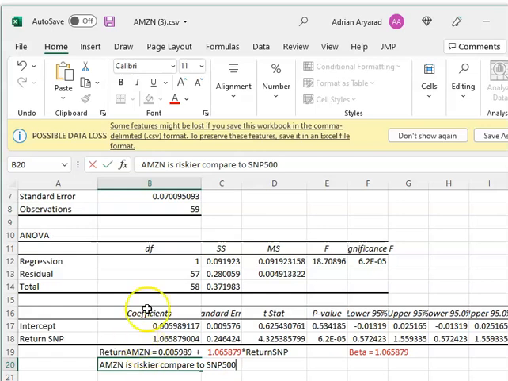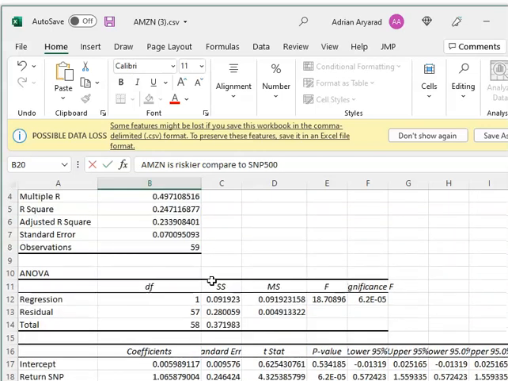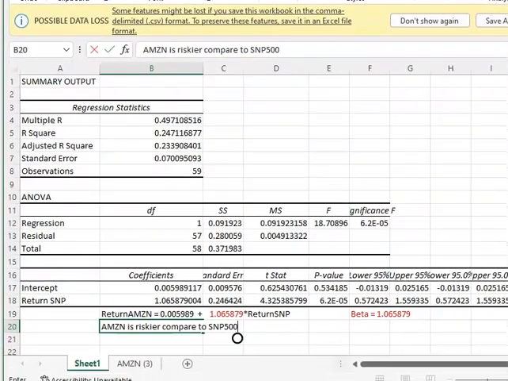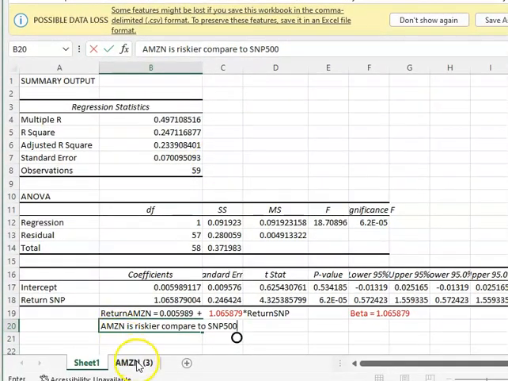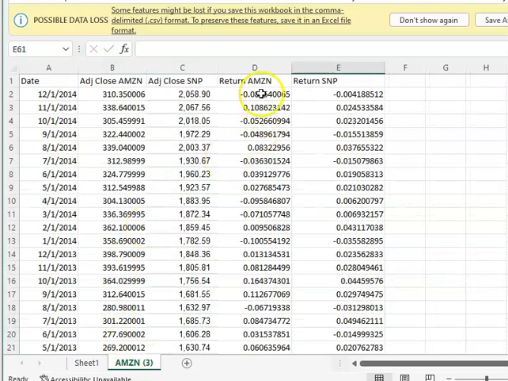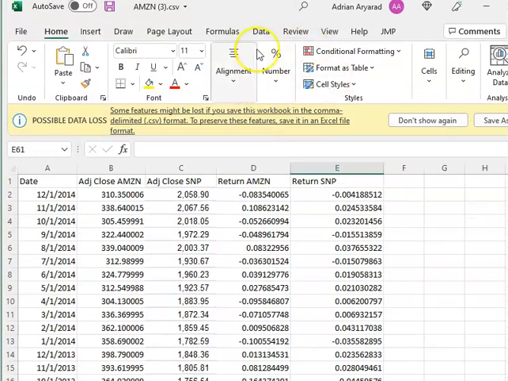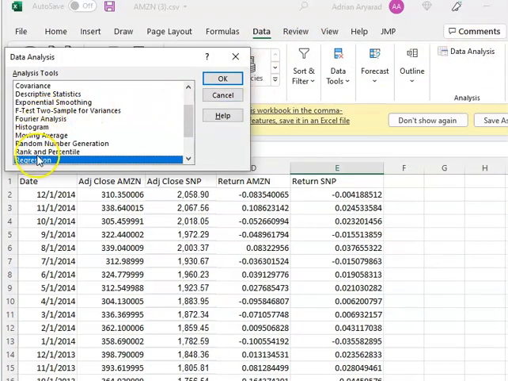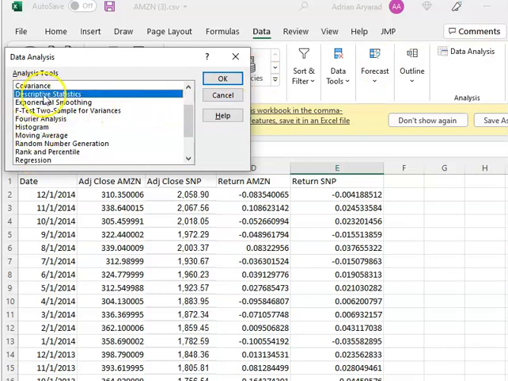Alright, so other than beta, we can also find standard deviation, and standard deviation of return values can actually tell us some measurement of risk as well. So go back to data, and I can go here under data analysis, and check the descriptive statistics.